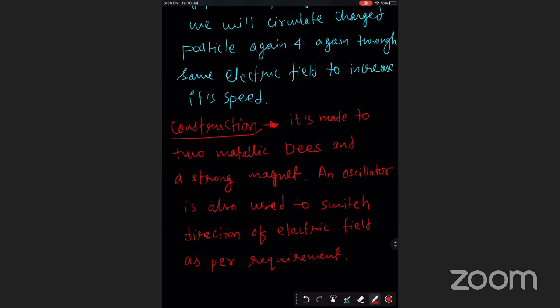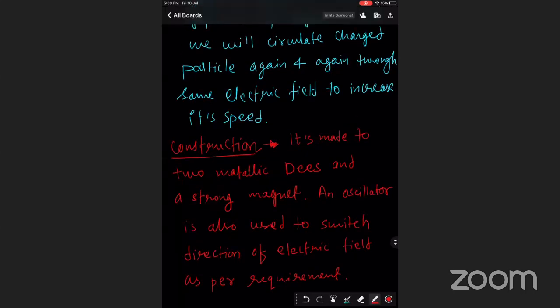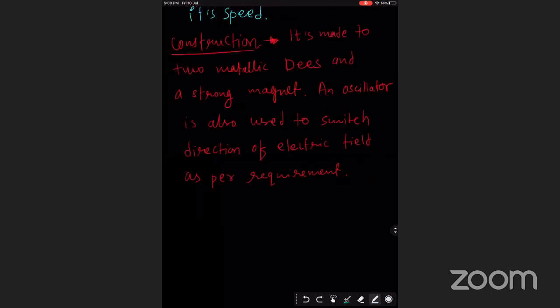Yes, sir. Done. Okay, now let's see how the device looks like. Please show the construction a bit, sir. It is made of two metallic Ds and a strong magnet. An oscillator is also used to switch direction of electric field as per requirement.